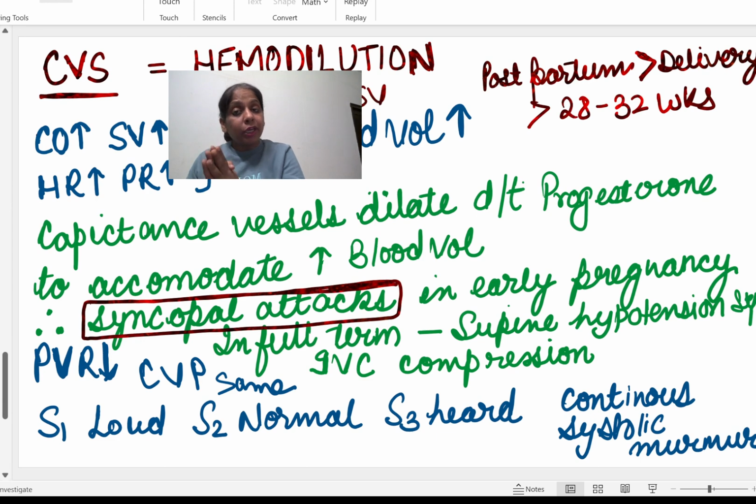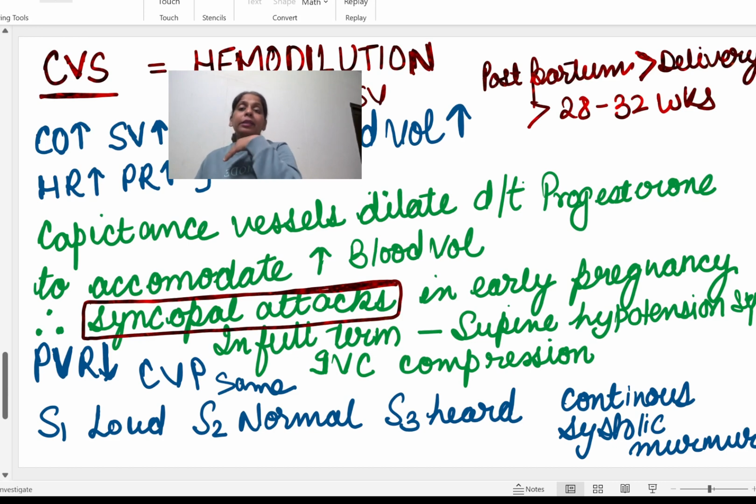Okay, so in early pregnancy, due to the decrease in peripheral vascular resistance or decrease in systolic BP, the mother has syncopal attacks. But in late pregnancy the mother has syncopal attacks because of supine hypotension syndrome. When a mother lies down, in the supine position, then she has syncopal attacks.